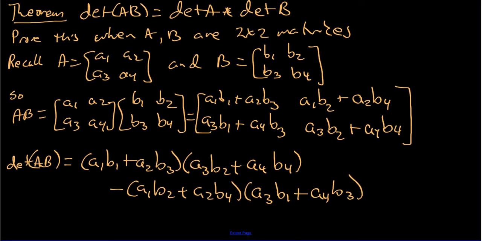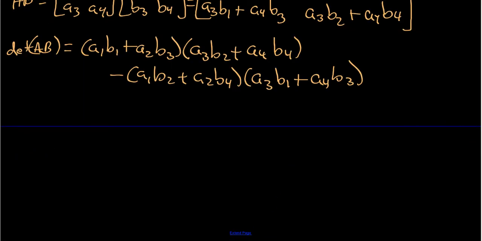Well, what we've now got is a bunch of algebra that we have to deal with. We have to actually distribute out this product, and then we're going to have to distribute out the second product. And when we do that second product, we want to put that minus sign in front of every one of the terms because it's multiplying that whole product.